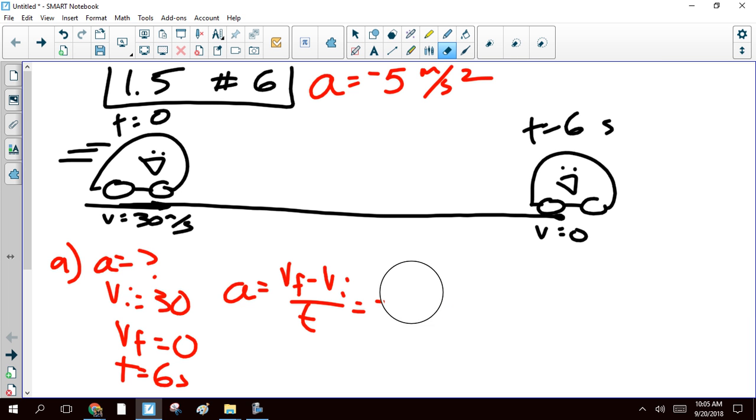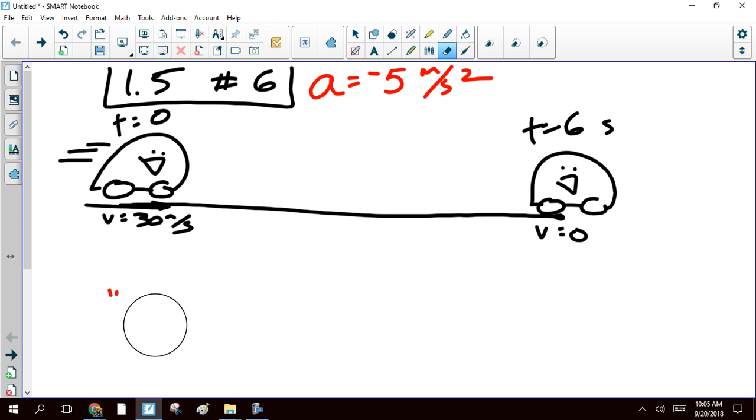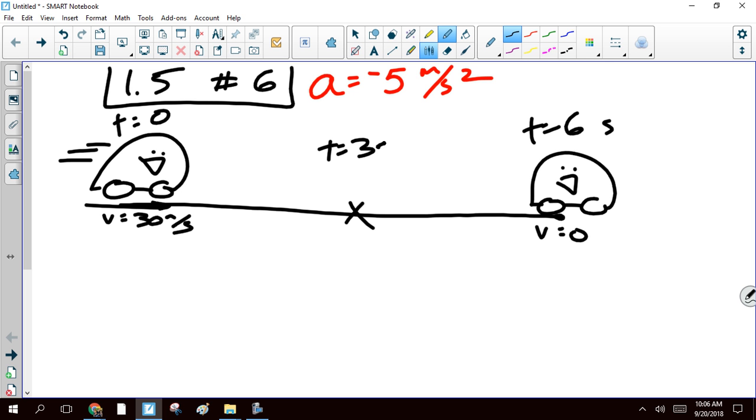Now, part B. Part B says, if I remember right, what's the velocity after 3 seconds, right? Part B, what is the velocity after 3 seconds? So the idea is, we started at 0. After 6 seconds, it stopped. Somewhere in the middle here, the car is somewhere after 3 seconds, right?